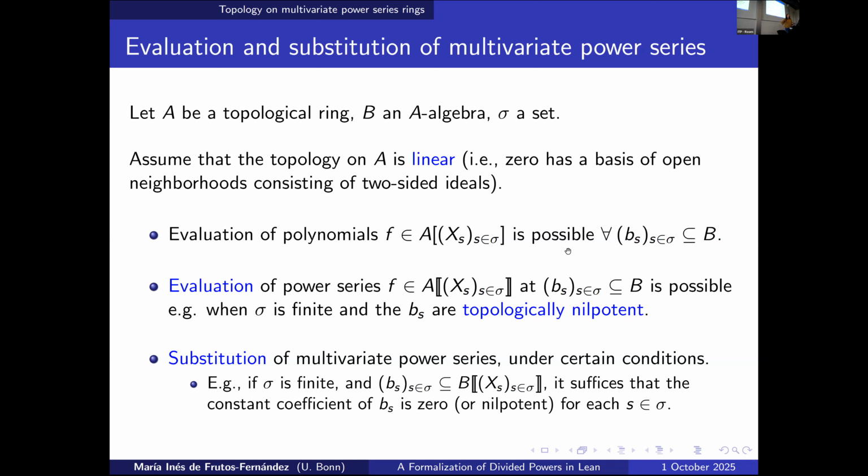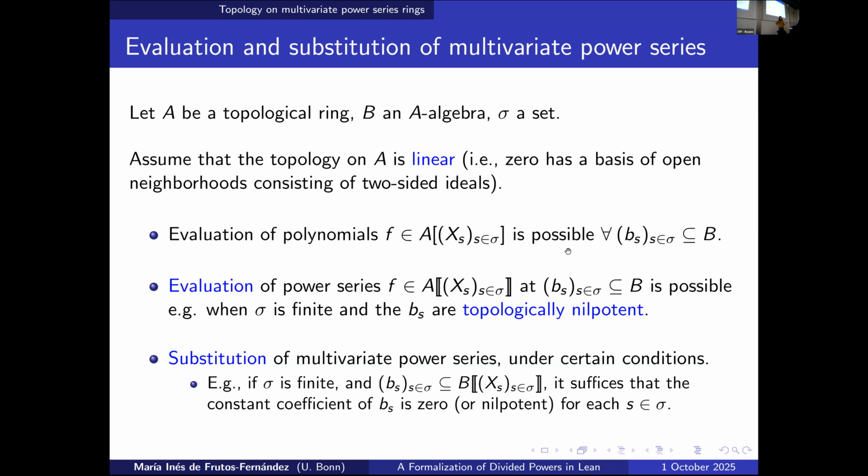We know that we can always evaluate polynomials in any family of elements of B, because polynomials are just going to give us finite sums. But to evaluate power series, we actually need to understand the topology. So I'll just very quickly say that we need the topology to be linear. So this is something that was not available in Mathlib.